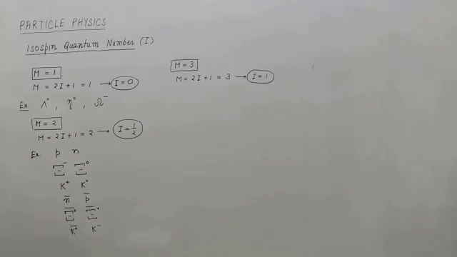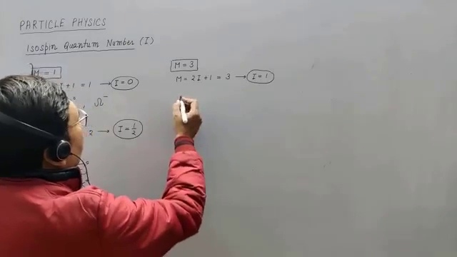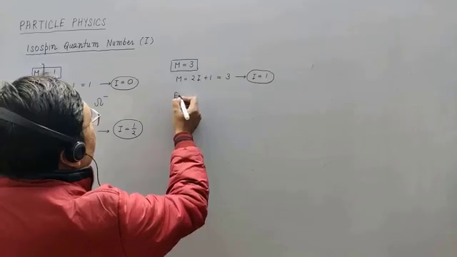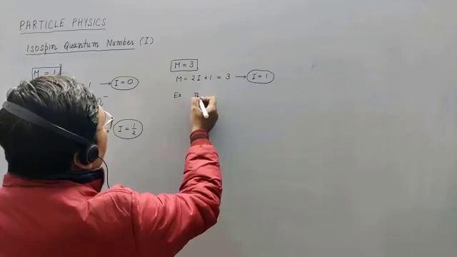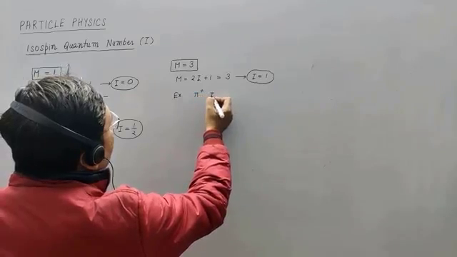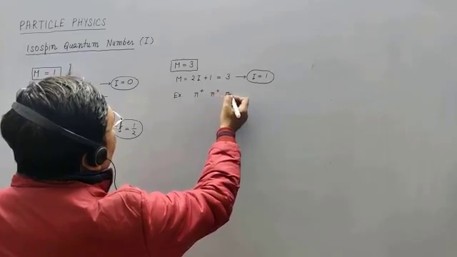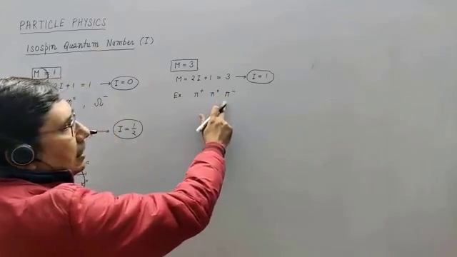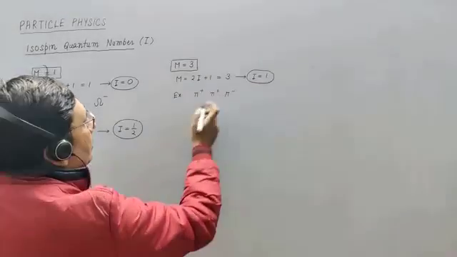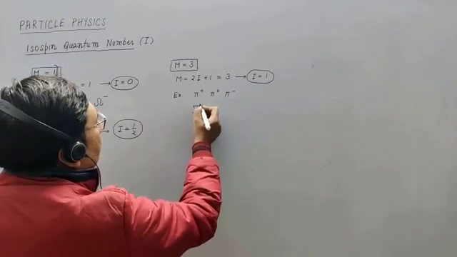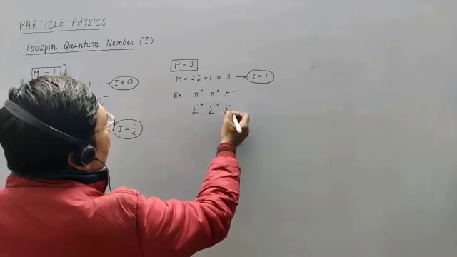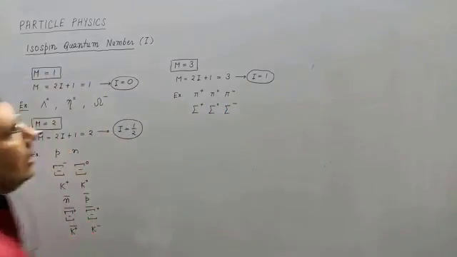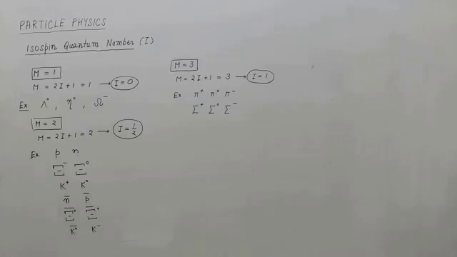Now examples are pi plus, pi naught and pi minus. Here there are 3 charge states. Their isospin is 1. Sigma plus, sigma naught, sigma minus. Here we have 3 charge states, multiplicity m is equal to 3 and I is equal to 1.